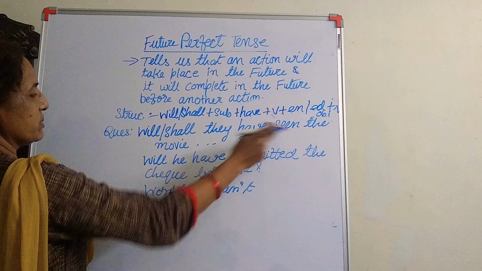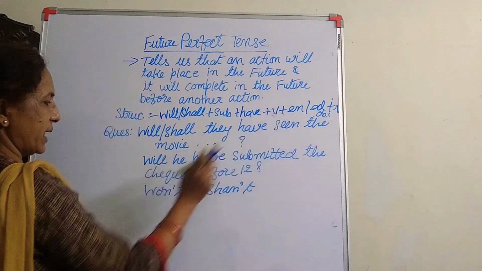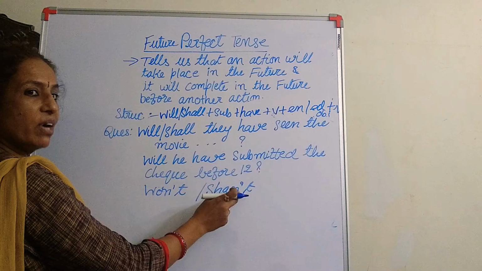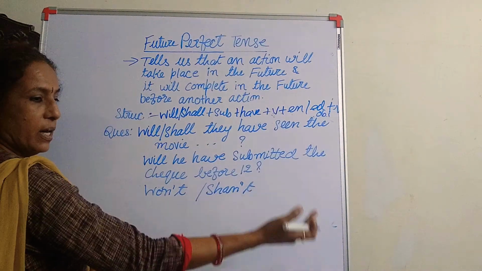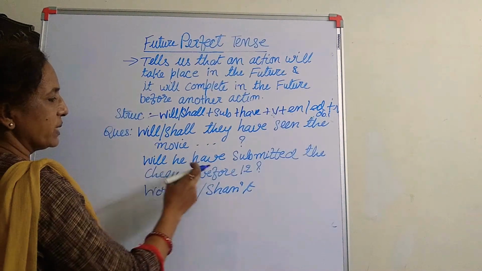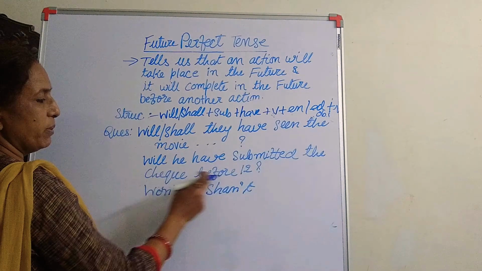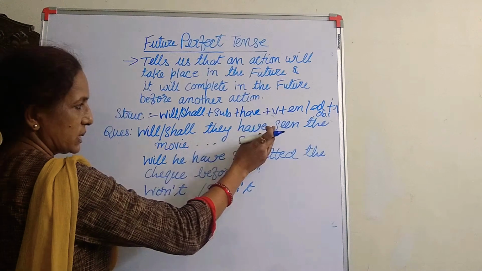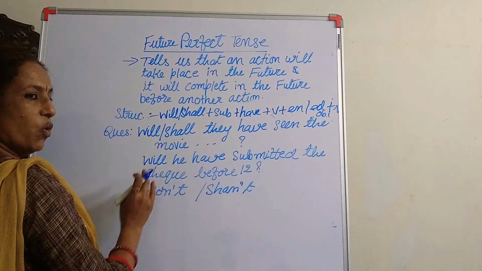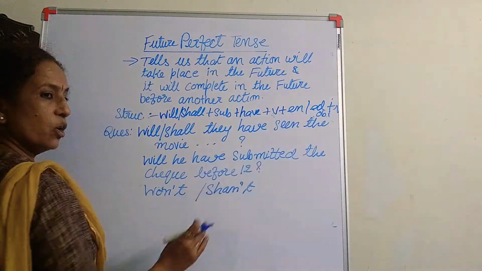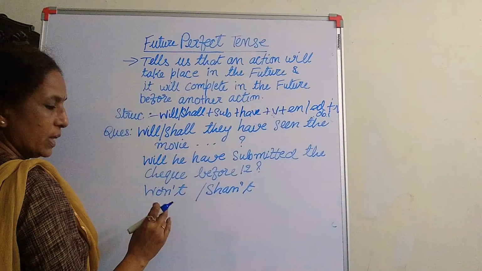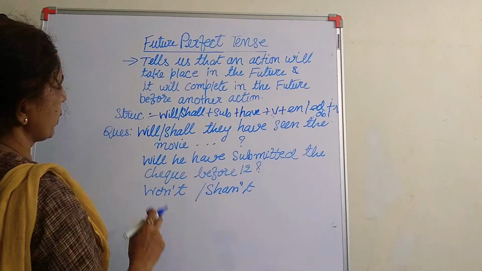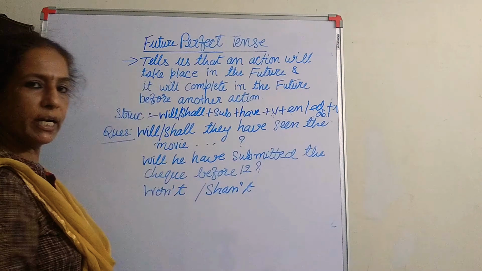So, won't they have seen the movie by 5 or 10? Won't they have completed their homework by 10 o'clock? Won't they have submitted the cheque before 12? Won't he have seen the movie, or won't he have given the clothes to the washerman? These are the things that come in questions in future tense.